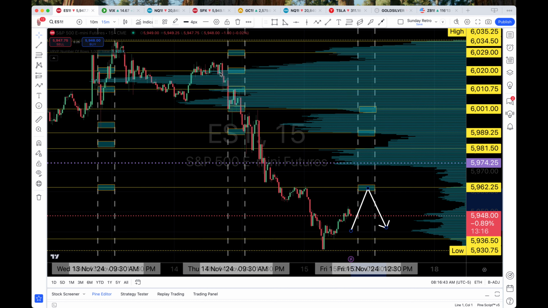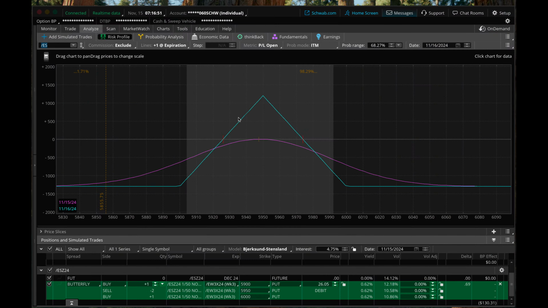Now, as far as the big ass fly, I often look at the NQ as well, because that's always in play. So let's take a look at the NQ. Just give me a second. There we are.